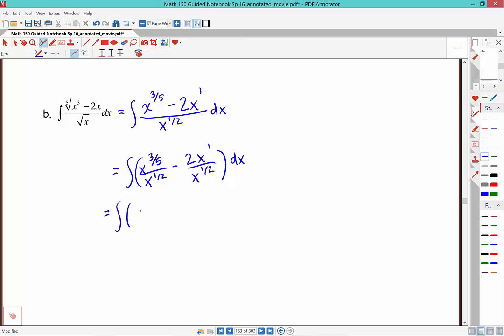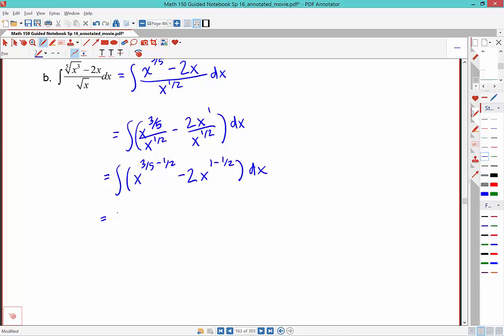Good, you subtract them. So x to the 3/5 minus 1/2, and then minus 2x to the 1 minus 1/2 with respect to x. So this will give us the antiderivative of x to the, what? 6/10, right? Minus 5/10. So I think that's 1/10. And then minus 2x to the positive 1/2 with respect to x.